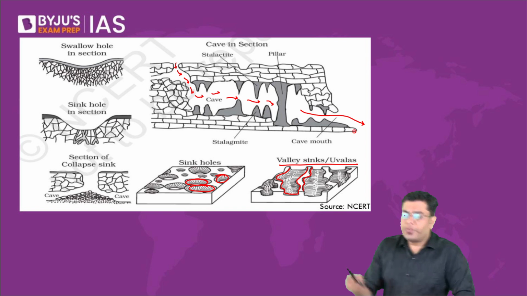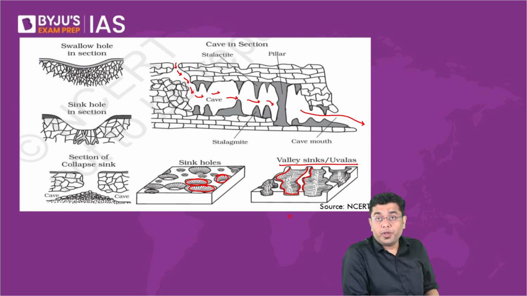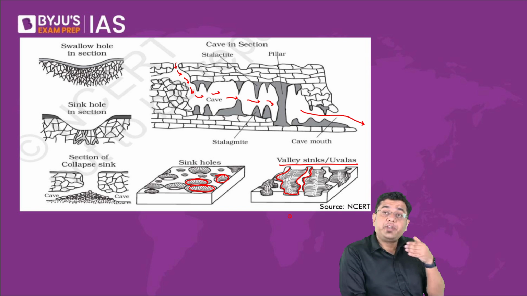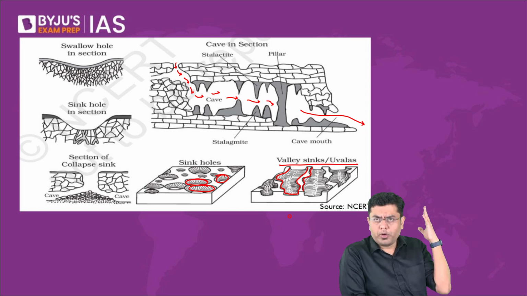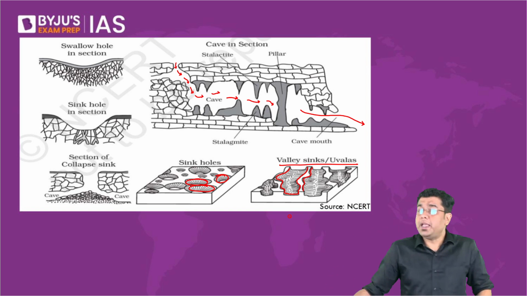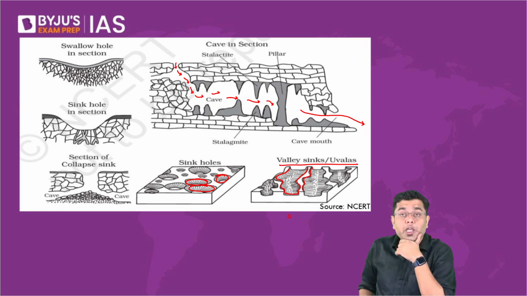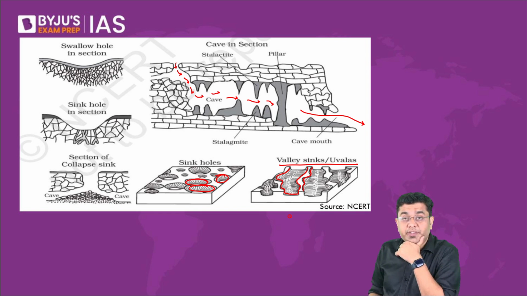In the process, they will create a very large cavity underground that we refer to as caves. Now, these caves can be many, many kilometers long. If ever you happen to visit the region of Cherrapunji, there you will observe many such cave openings. Thankfully, they have now been closed by government agencies, and the government doesn't allow you to enter those caves.